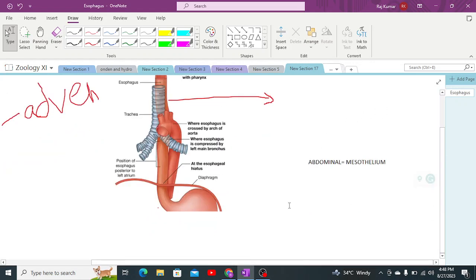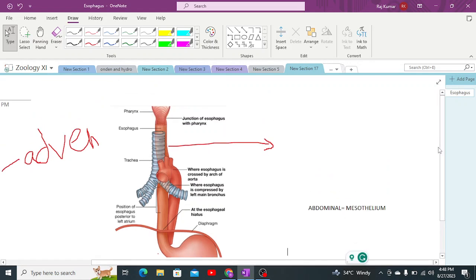Now some important information regarding the esophagus: where does it start? As we know, we have the larynx. Over the larynx, the upper cartilage is the thyroid cartilage, the downward cartilage is the cricoid cartilage, and the backward cartilage is the arytenoid cartilage.